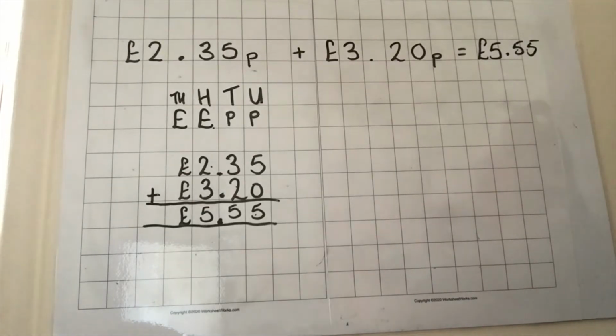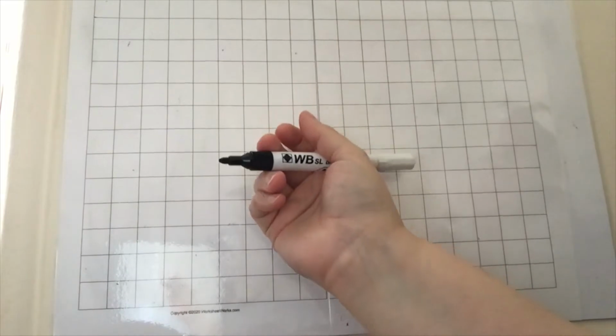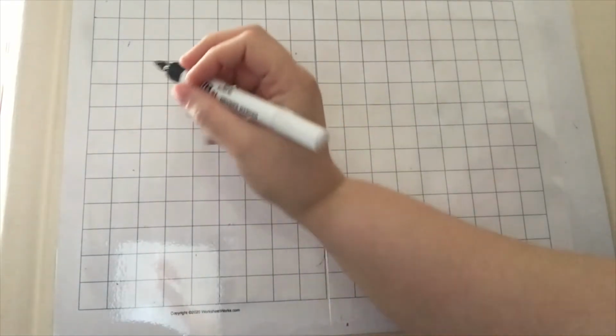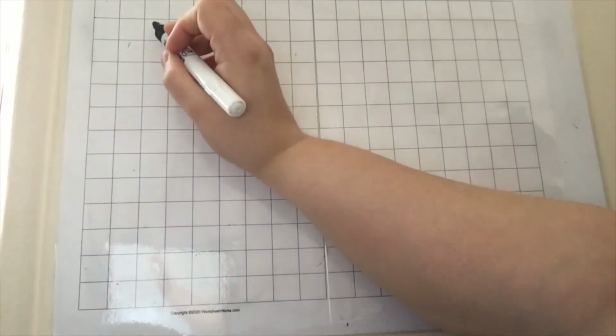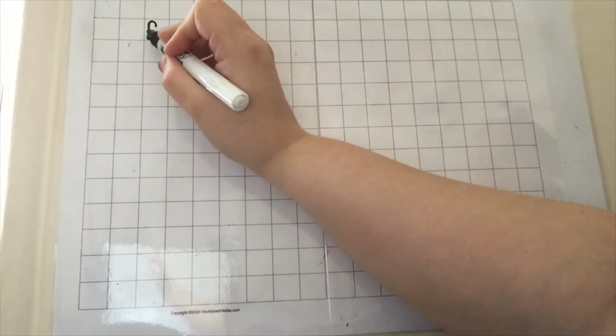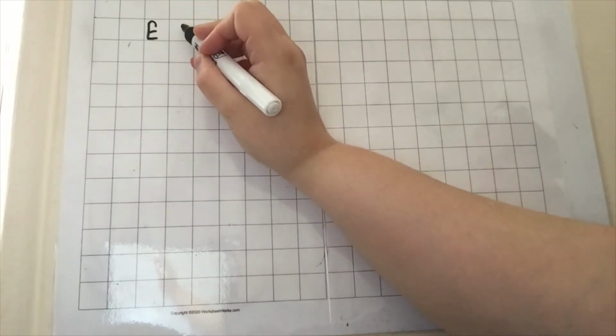Let's have a look at another addition. Okay, another example of using our pounds and pennies again, and an addition. This time I've raided the bank and I've got quite a bit of money.